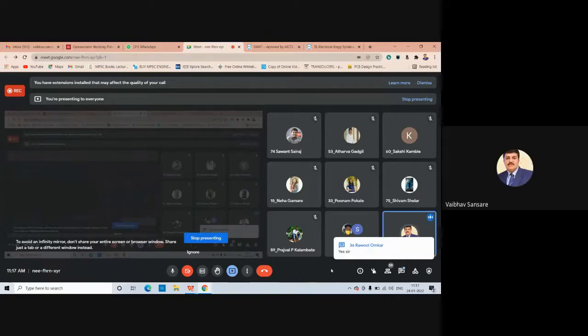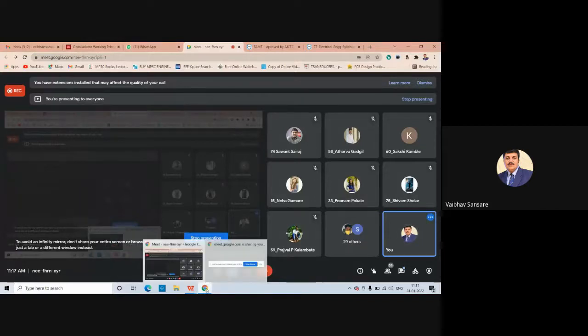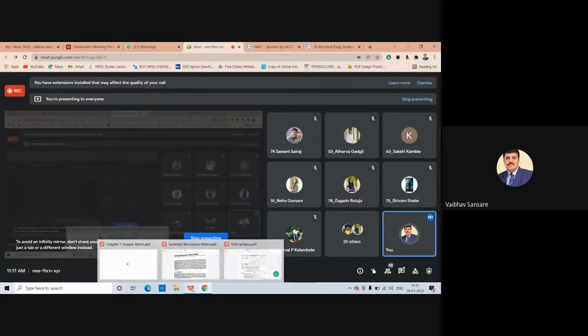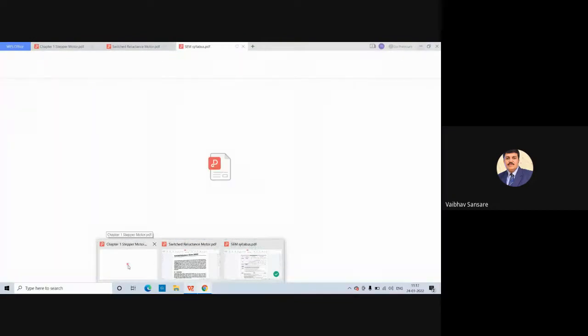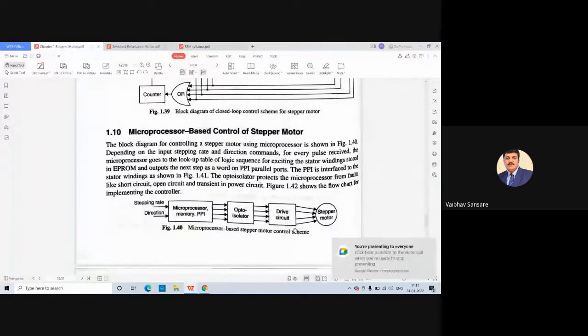Yes. So let's move towards the last point of chapter number one, that is the microcontroller based control of stepper motor. In the previous lecture we discussed two control strategies for stepper motor. First is the open loop control of stepper motor, and second is the microcontroller based closed loop control of stepper motor.